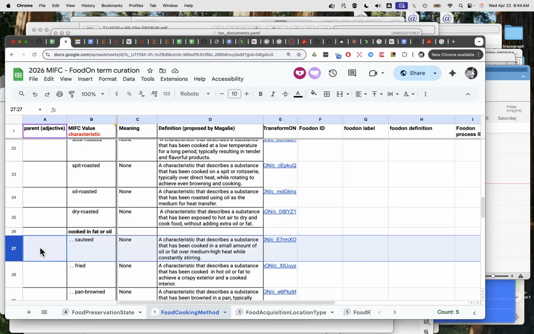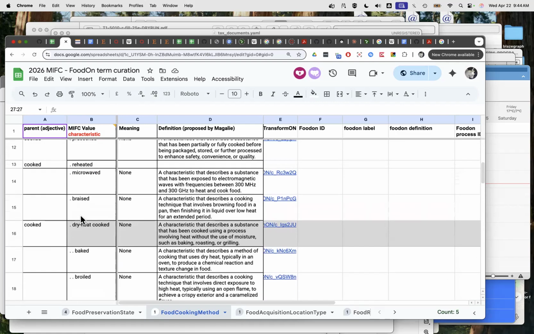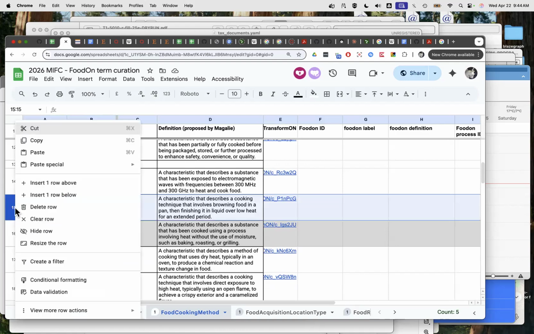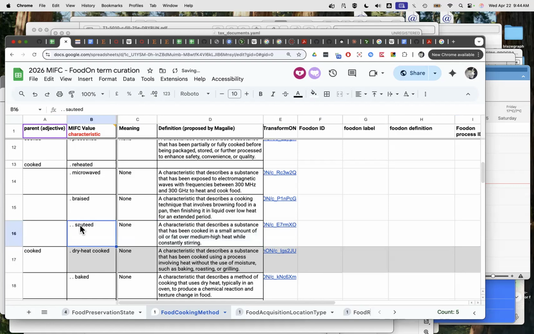So I agree. In fact, I've done East Indian pan-fried spice, and you don't add any oil. You just heat up those spices. So I have another term up here, braised, that was outside of committing. So I think I would put sautéed there too.